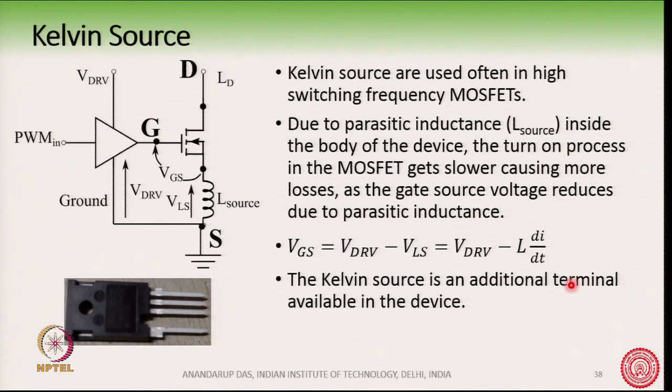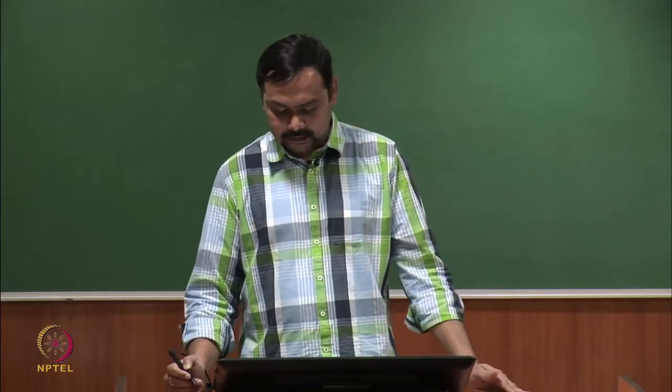So, what happens there? Now, as I told you, the MOSFET has some additional inductance inside the power device. Probably this is coming from the bond wires and from the interconnections like this.